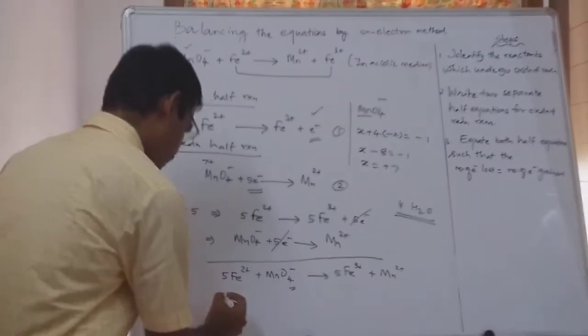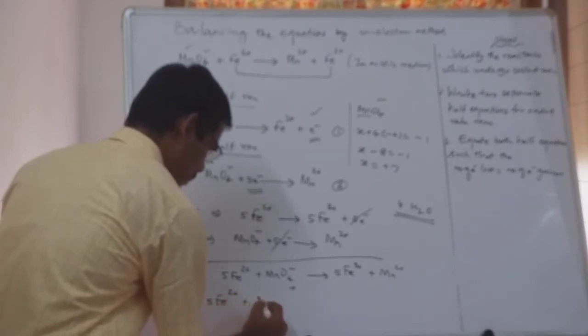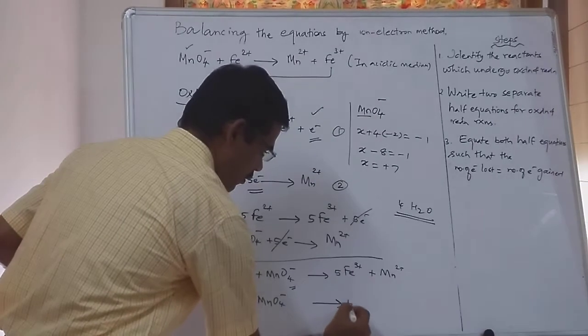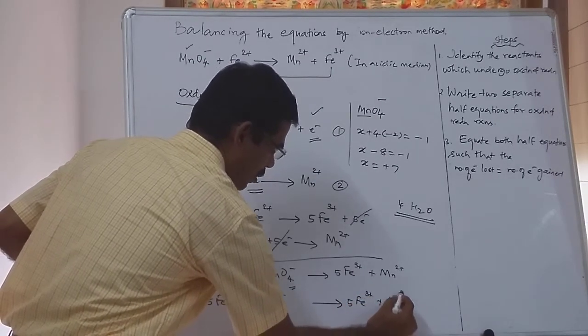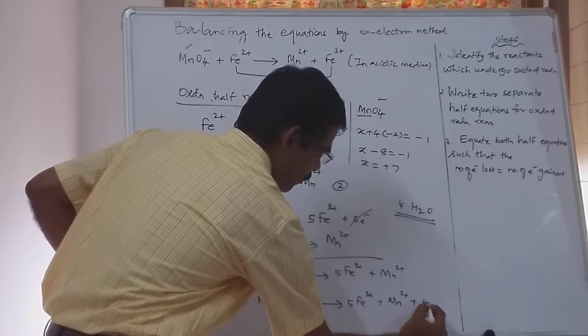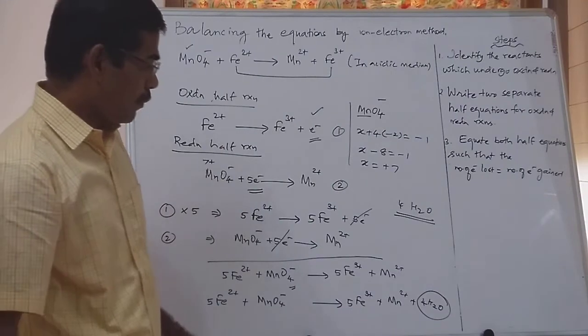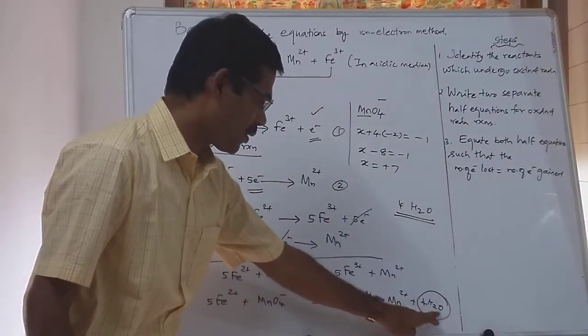You see, 5 Fe2+ plus MnO4- will give you 5 Fe3+ plus Mn2+ plus 4H2O. So this 4H2O I am adding now, to make the number of oxygen atoms equal. Now you see 4 oxygen atoms have come here.